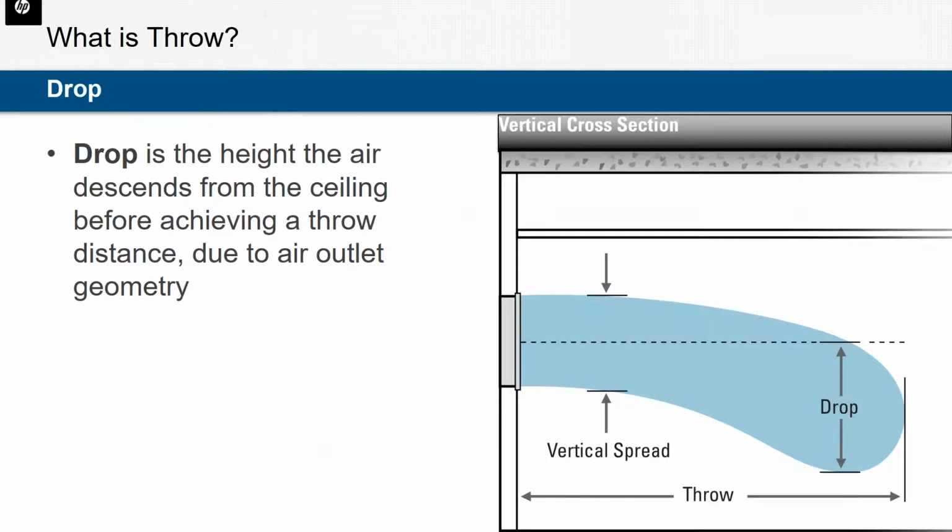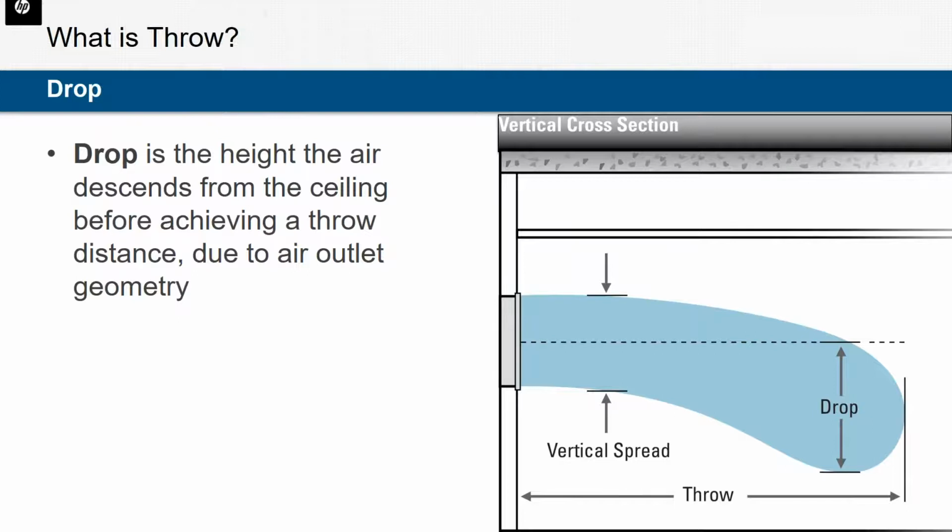We also have this term called drop. This technically describes the height that the air descends before achieving its throw distance. If we have an isolated jet, like in this cross-sectional view here, it won't usually travel in a straight horizontal line unless it's completely isothermal. If we're supplying cool air, it is denser and will have a tendency to drop into the room.